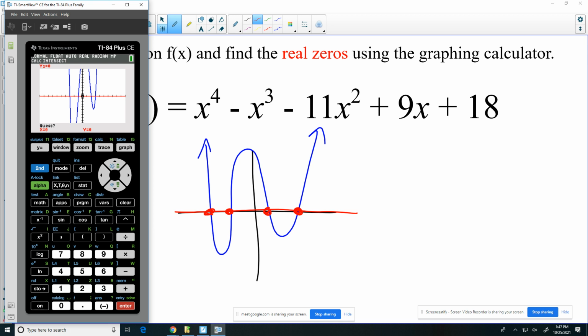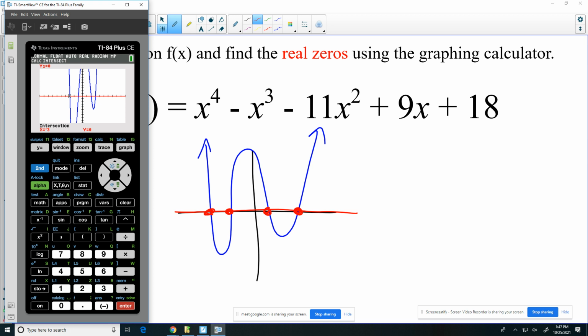Yes, it is, so I hit enter. Now it says, make a guess. To make a guess, we're going to use our arrows to get close to one of the points of intersection. To tell the calculator that you're ready for it to calculate it, hit enter.